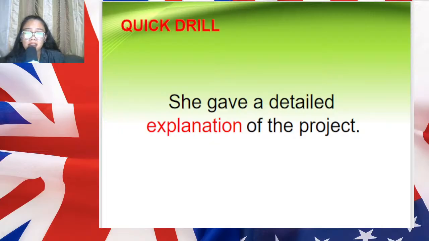Fourth sentence: she gave a detailed explanation of the project. Here we go. We see the classic tion suffix, and it's one of the easiest basic patterns.